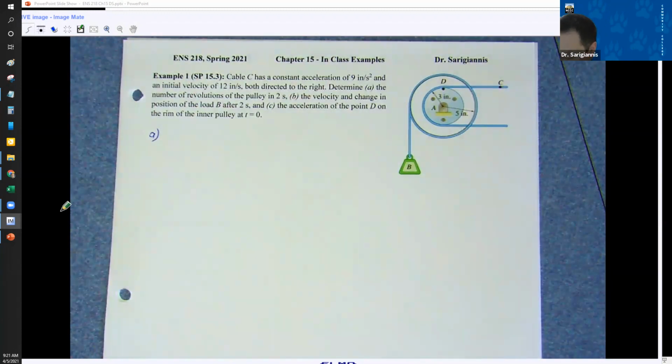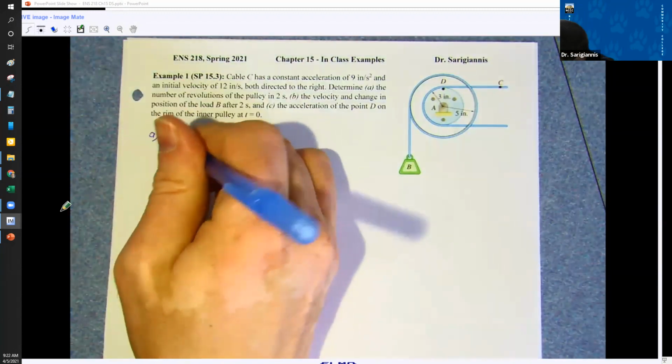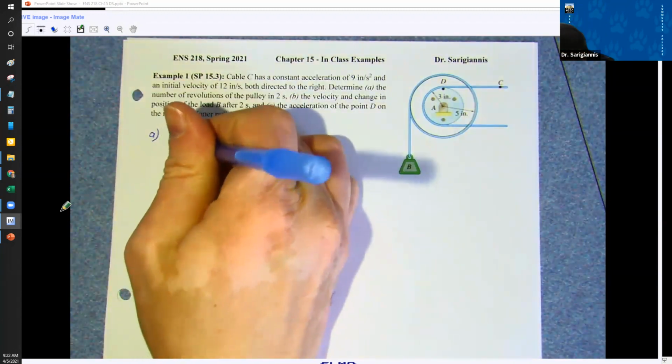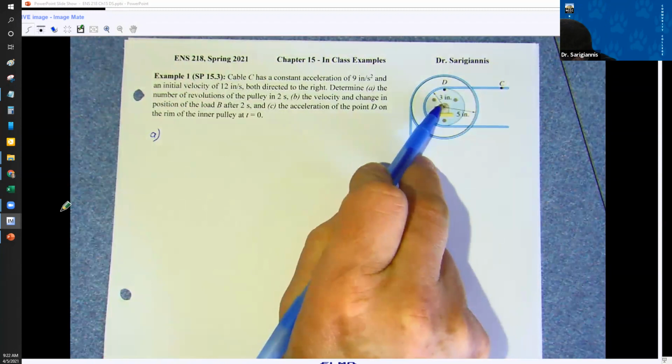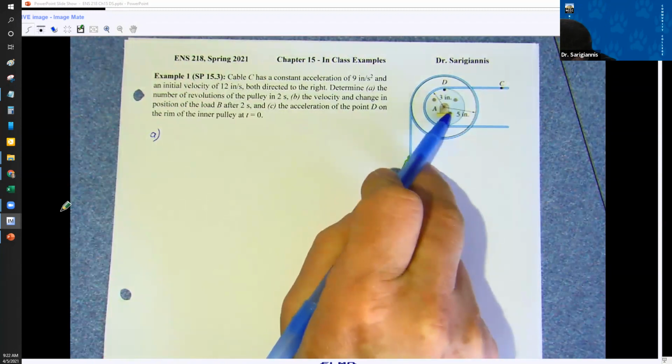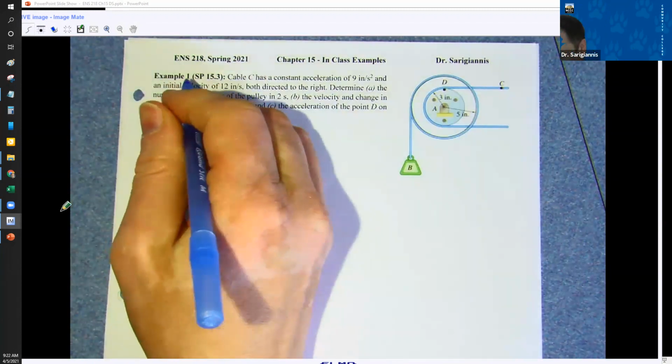I'm just going to draw this out for a minute, this inner pulley here. Notice we're given radii, 3 inches and 5 inches, and we'll use those at some point.